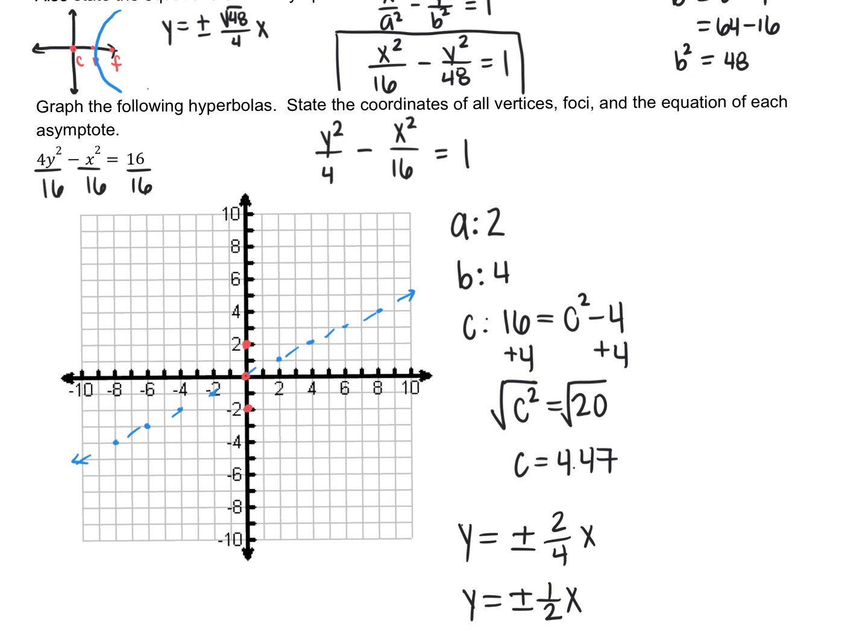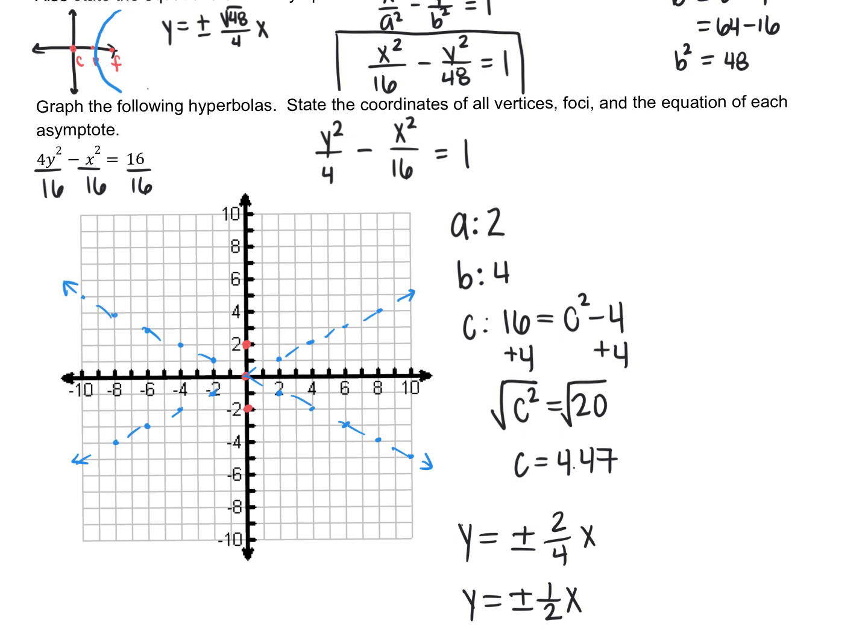Now my second one is the equation y equals negative 1/2 x. So from my center, I go down 1, right 2, and then up 1, left 2. Connect those with a dashed line, and we have our asymptotes.